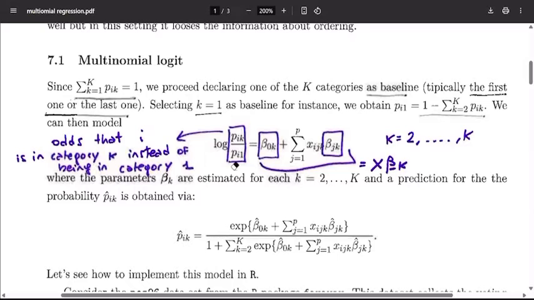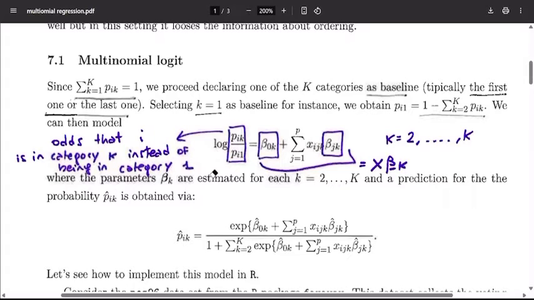Here, log of pi divided by 1 minus pi is like we are only considering 2 categories, because the first pi is the probability of the characteristic of interest, that is the presence of the characteristic of interest, and 1 minus pi is the probability of the absence. That's our 2 categories. But here in the multinomial, we're going to have so many categories.